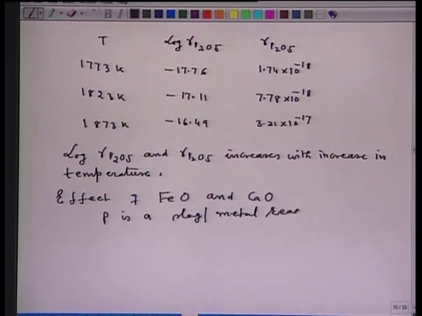With this I mean that the removal of phosphorus requires the presence of slag, number 1. Number 2, slag should also provide enough oxygen for the reaction of phosphorus converting to P2O5. So, that is why it is called a slag metal reaction.